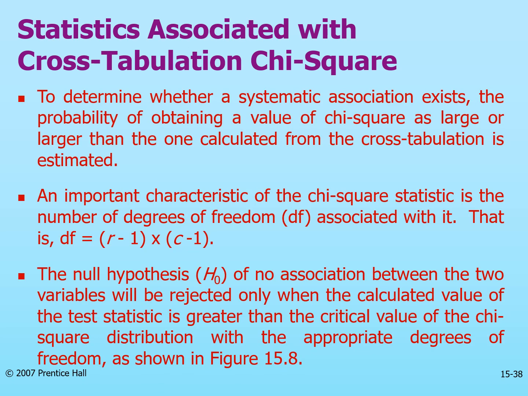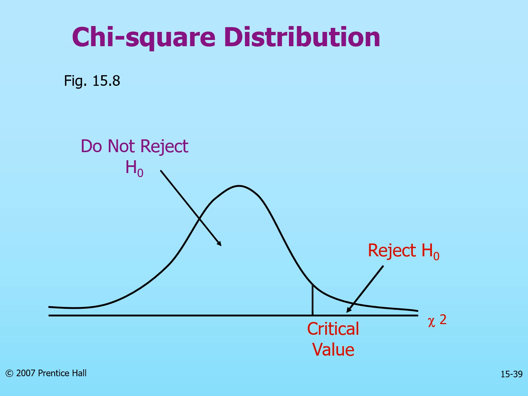To determine whether systematic association exists, I already discussed this. In the chi-square distribution, figure 15.8, the rejection region is shown on the right-hand side, and it indicates how things are going to happen.